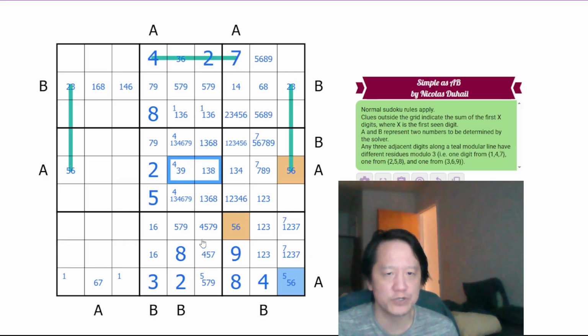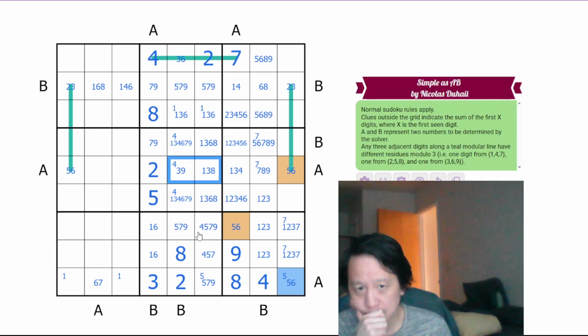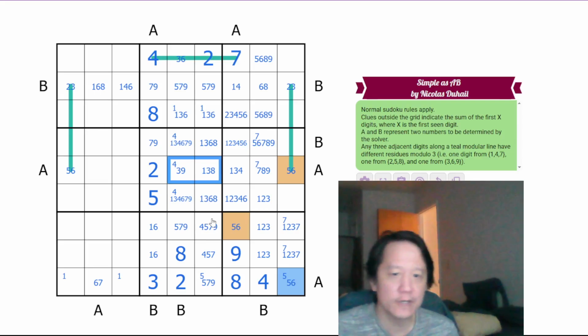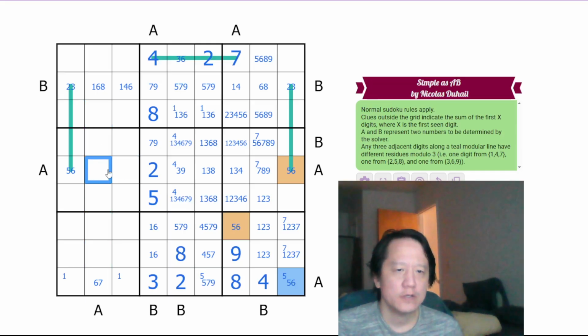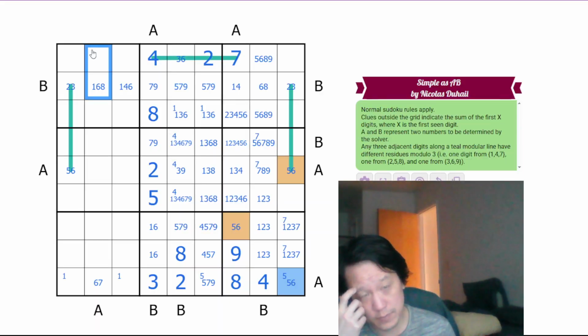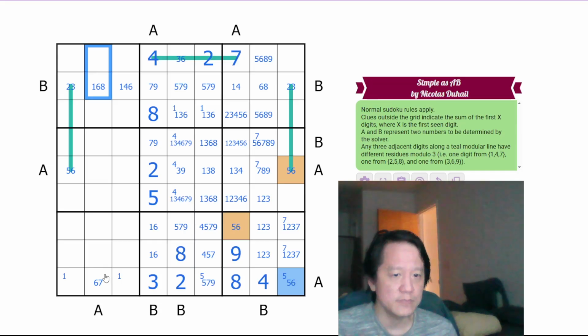I'm not sure which. 7 would require these to be 8 and 9, which is possible. Can this be 1?